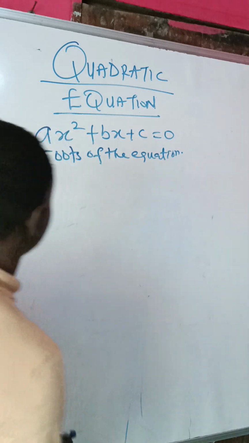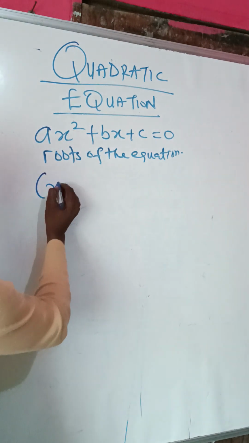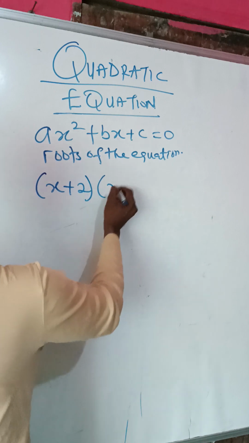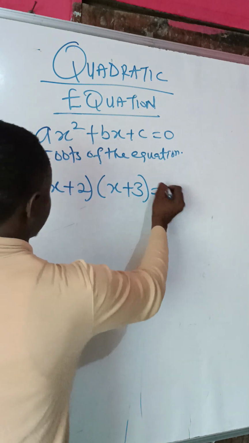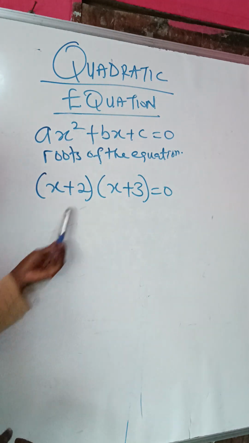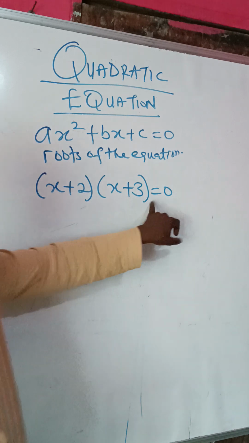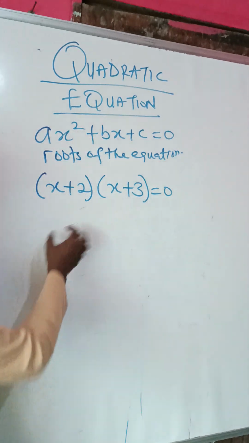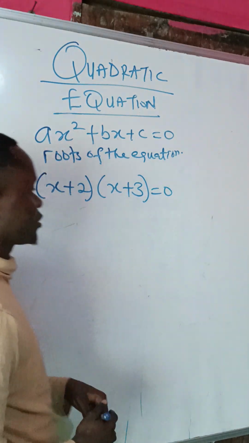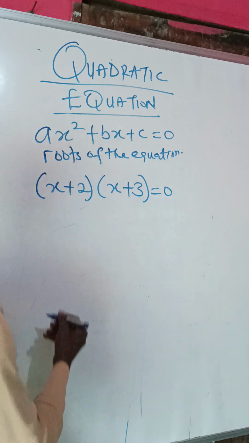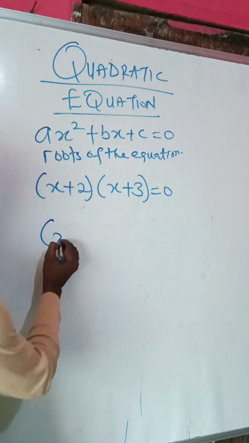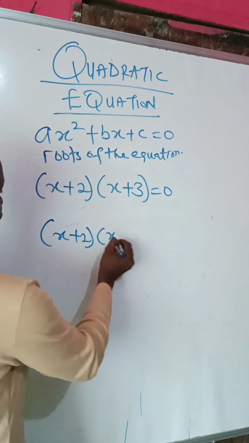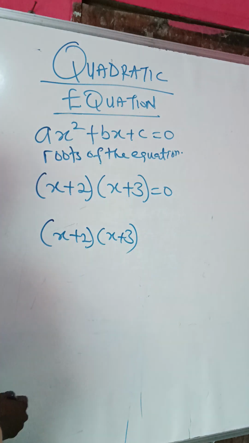Now let's take, for example, you have x plus 2 and x plus 3 equals to 0. There are two brackets here, and these two brackets are equal to 0. I know some of us might want to open the brackets and expand. We can do that if we have it this way, x plus 2 and x plus 3, as an expression.